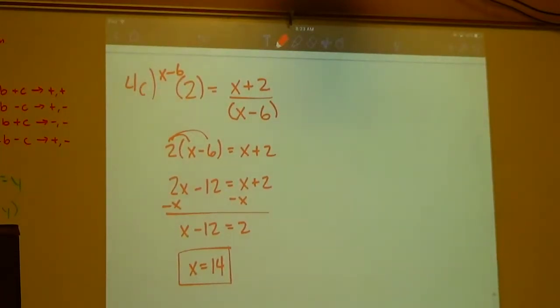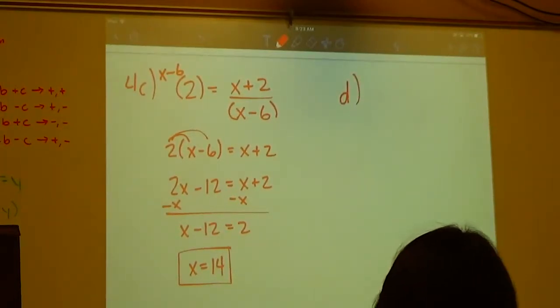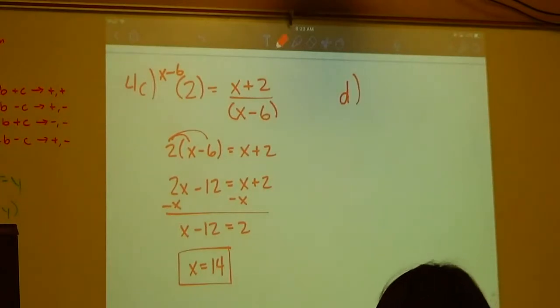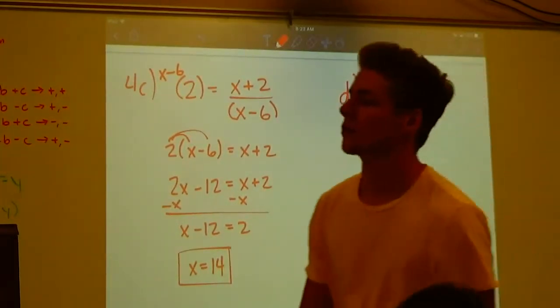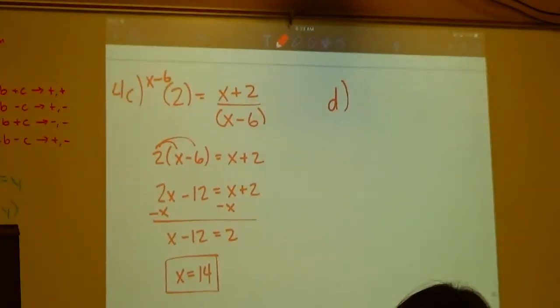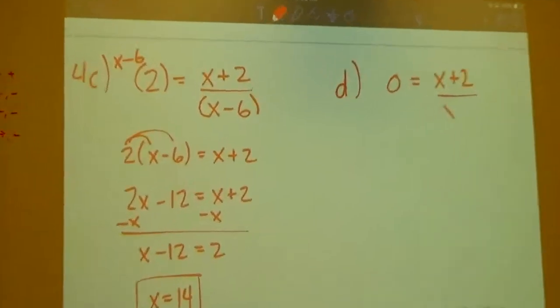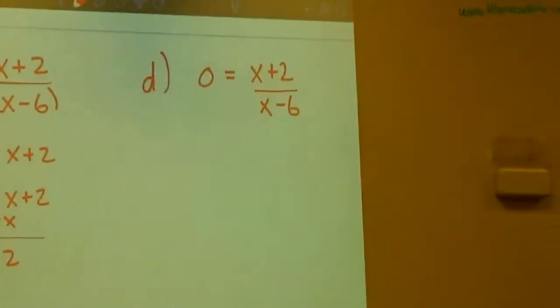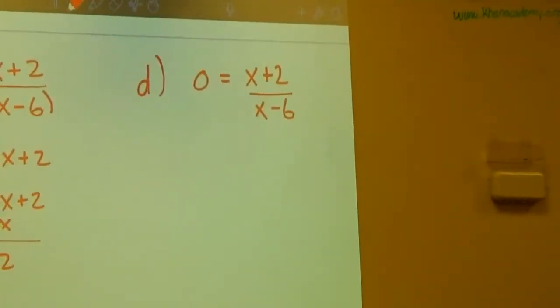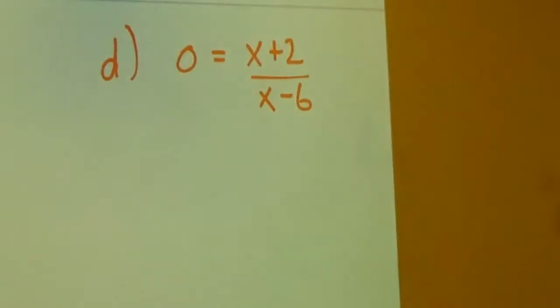Alright, D, we're looking for x-intercepts. So if we want the x-intercepts, does x equal 0 or y equal 0? Y. So I'm going to do the same thing except 0 equals x plus 2 over x minus 6, and solve for x.